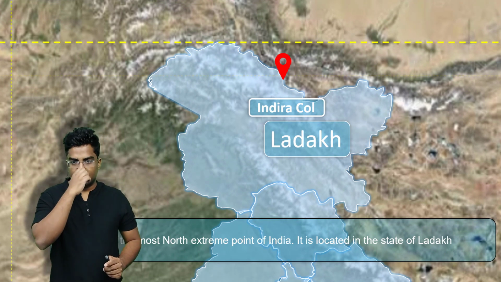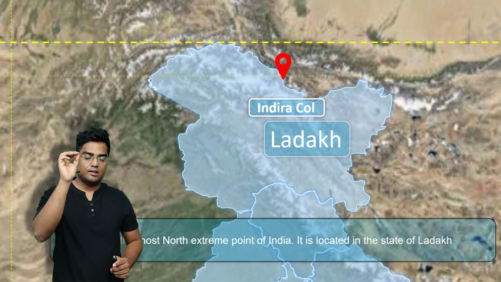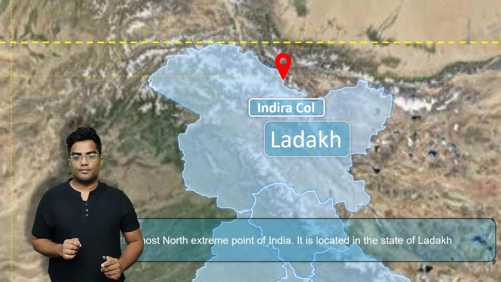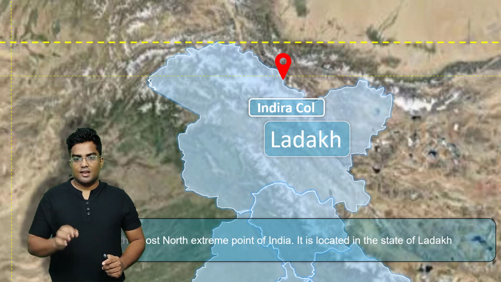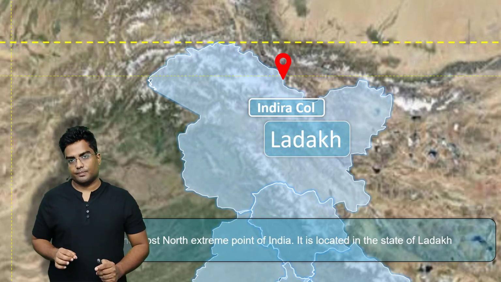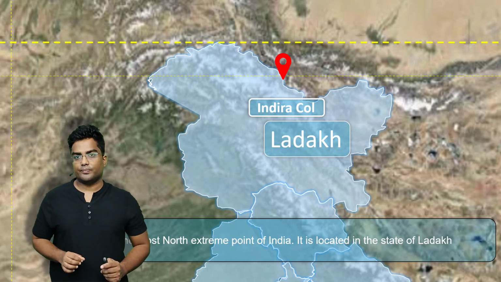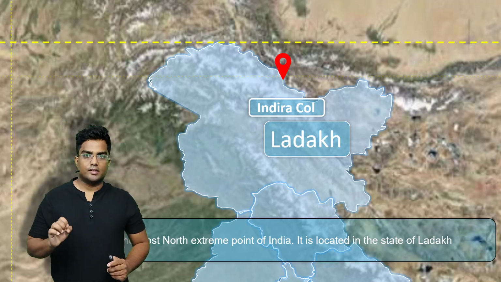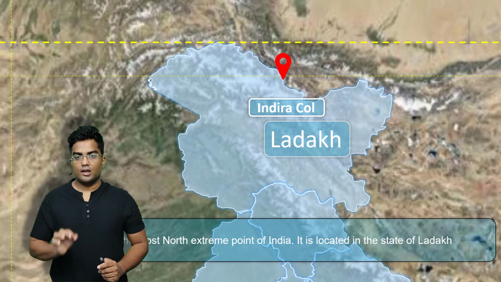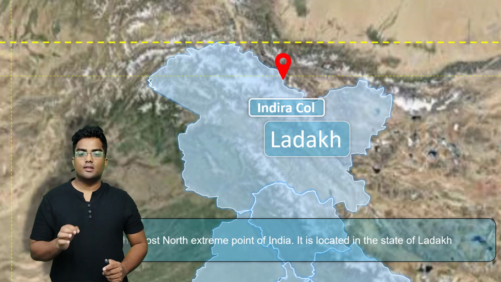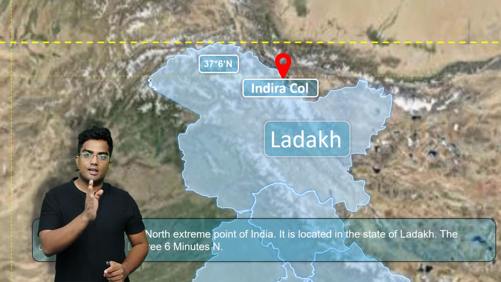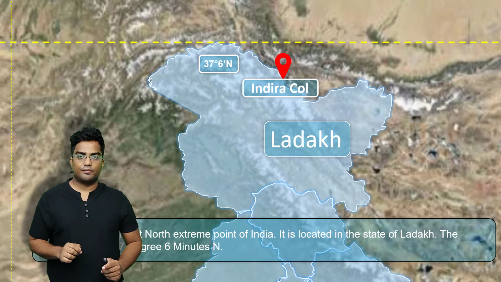As you can see, there is a mismatch between the extreme northern point and the point that we are mentioning. The extreme northern point, unfortunately, is with Pakistan. It's not in India. The closest region that comes as north is Indira Col, and this is essentially our 37 degree 6 minutes north.